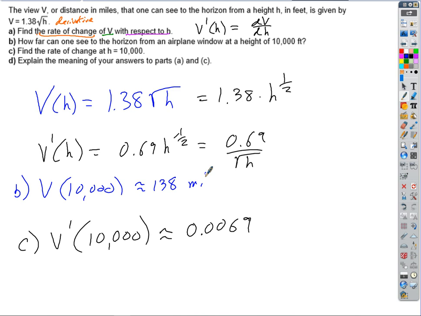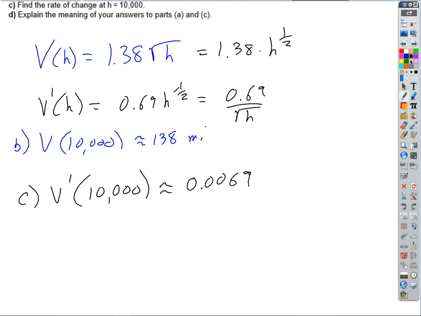Feet. So what's dv/dh going to be measured in, Kyla, if I'm measuring v in miles and h in feet? Miles per foot, right? Anybody see that?